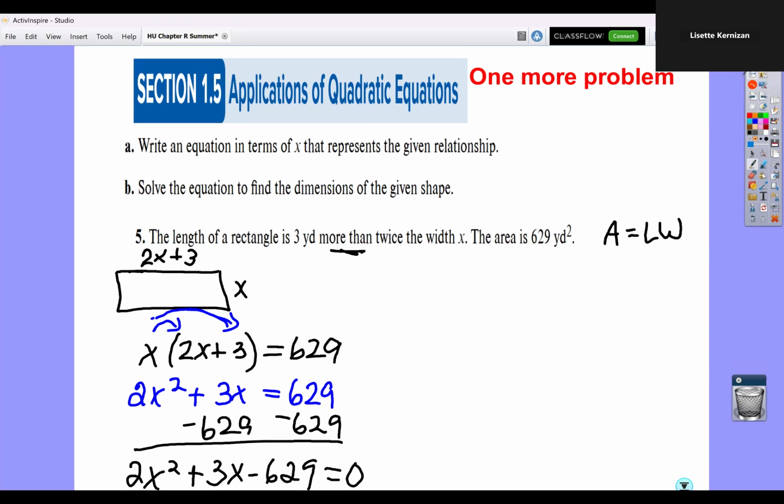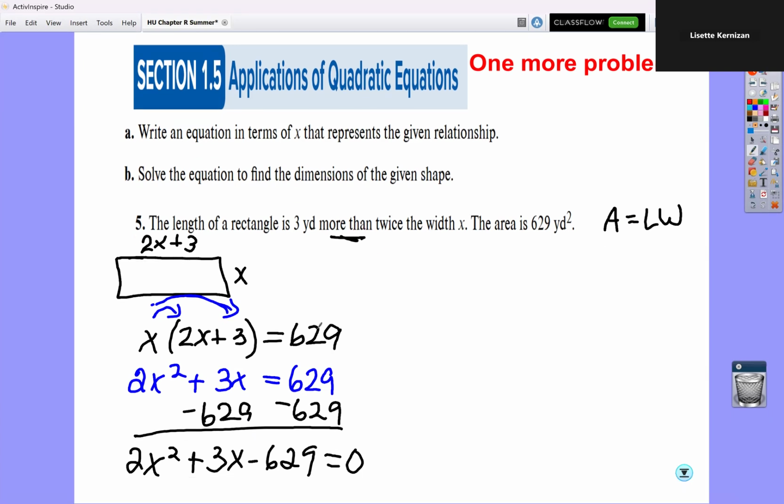So now I have to solve. I need factors of 2 times 629 that give me 3. So I can do 2 times negative 629, that gives me negative 1258. And then I know 1 times 1258 will give me 1258. 2 times 629, I know that one because of what I multiplied here in the beginning.